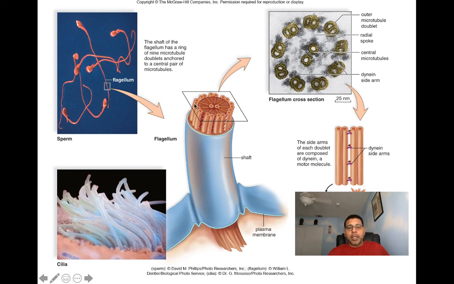So we look at this in greater detail, we see this image right in here. And then here you can appreciate in greater detail how those tubules look themselves. And again, they require ATP too.